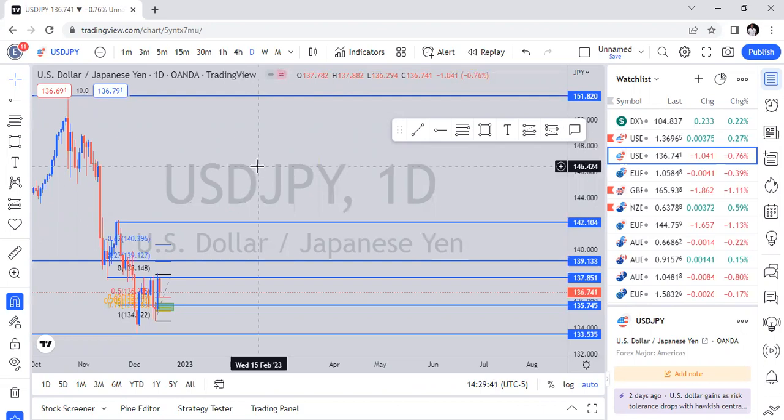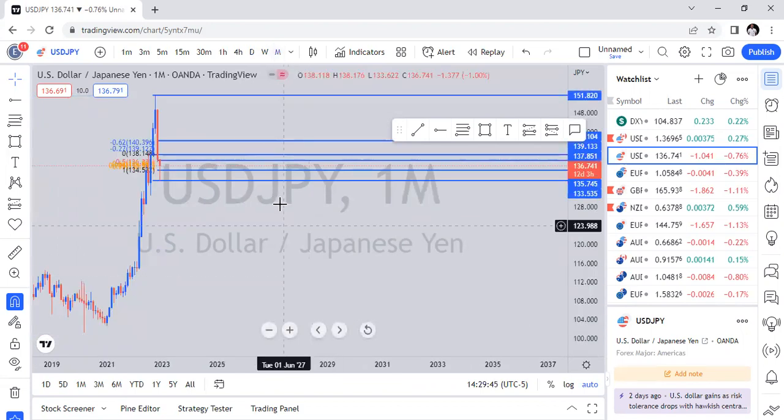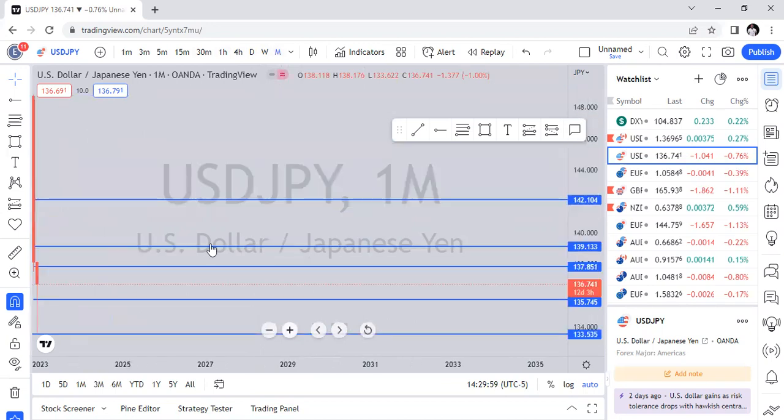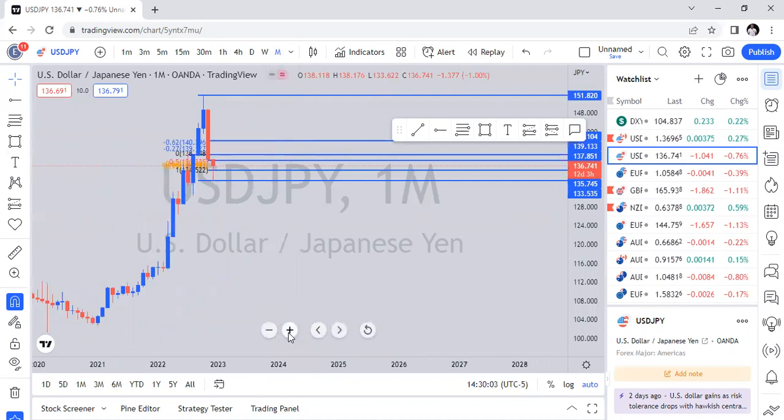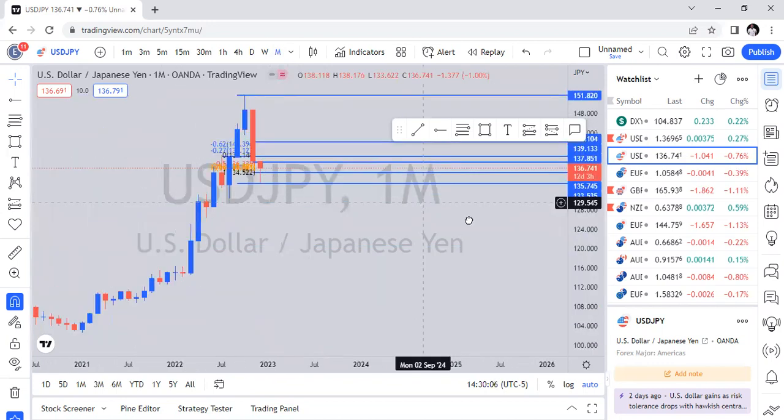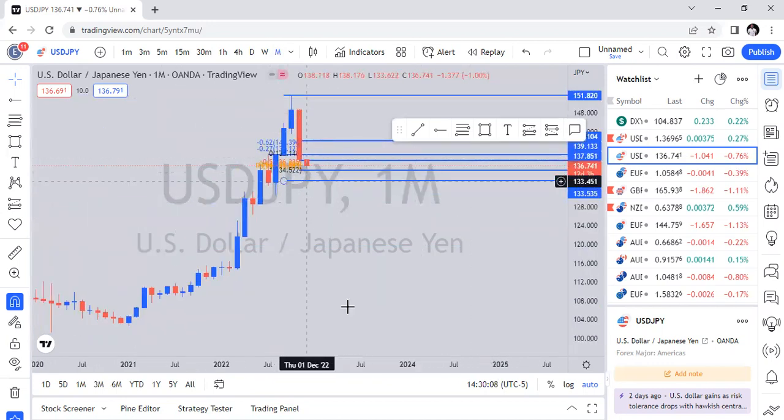So if you are able to base your analysis on the monthly, the weekly, the daily, and get your key levels from these higher time frames, then you go into the lower time frame. For example, on the monthly we are looking at here now, each of these candles takes one full month to form.